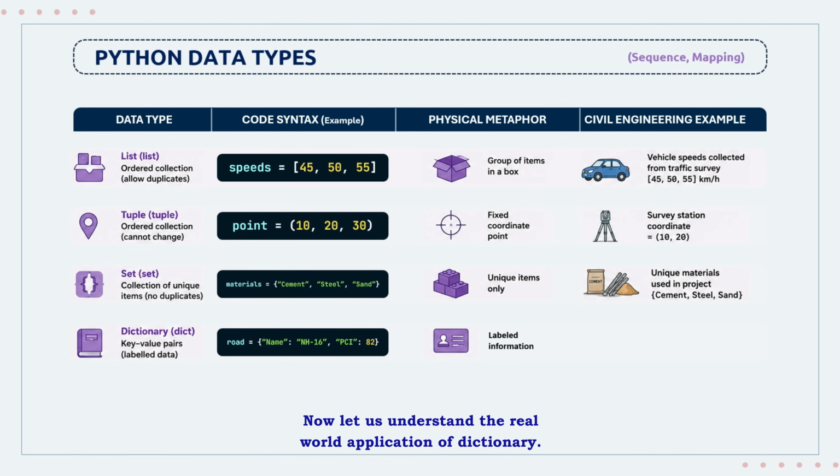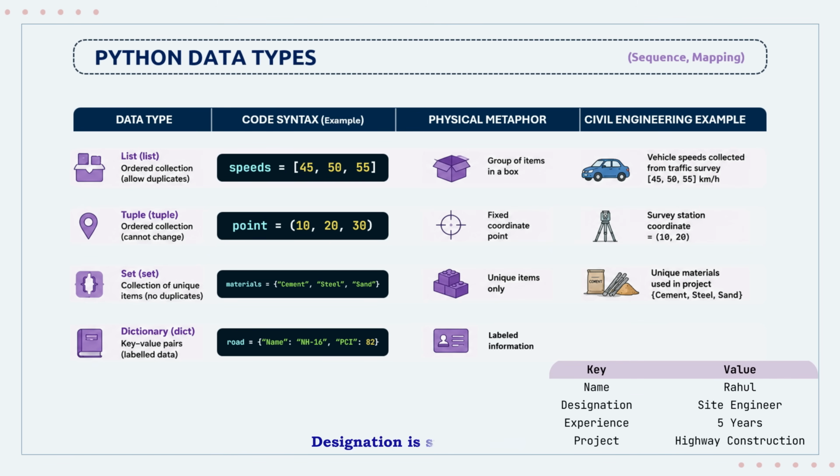Now let us understand the real world application of dictionary. Think of a Python dictionary like a labeled record sheet used at a construction site or engineering office. In this record, every piece of information is stored with a label. For example, name is Rahul, designation is site engineer, experience is 5 years, project is highway construction.